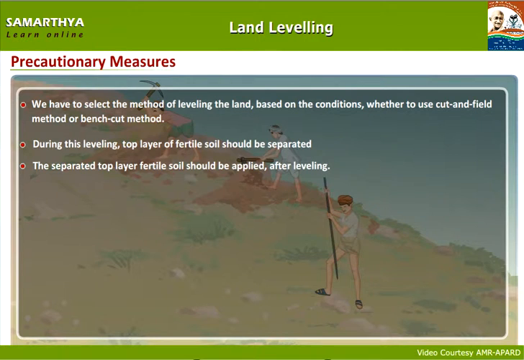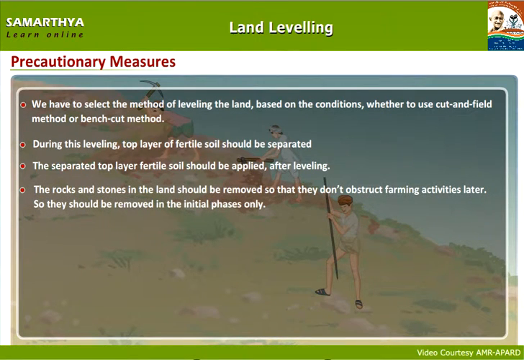The separated top layer of fertile soil should be applied after leveling. The rocks and the stones in the land should be removed so that they don't obstruct farming activities later. So they should be removed in the initial phases only.